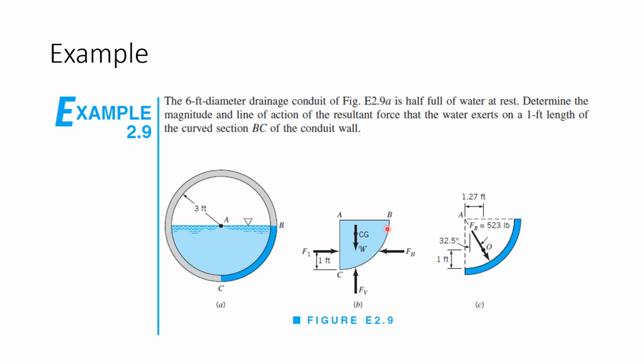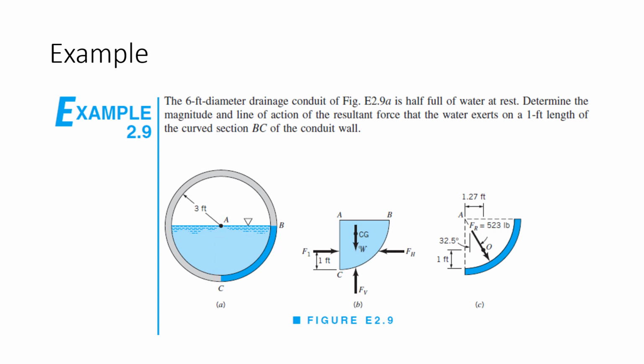So we know that the vertical force is equal to the weight of this water, and the horizontal force is equal to the force which is acting on this plane.